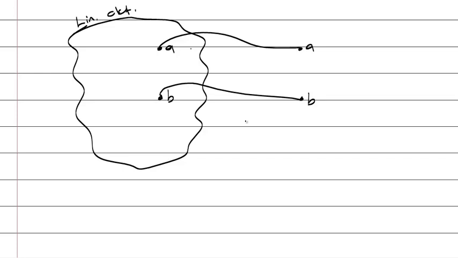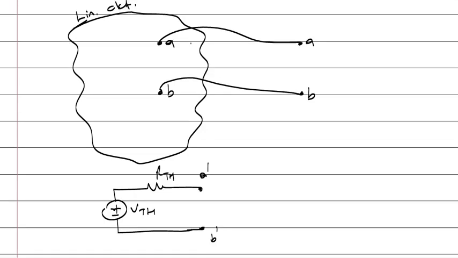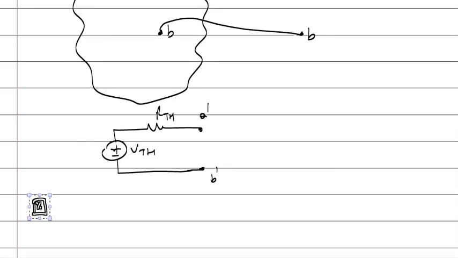This is point A, this is point B. You will find a Thevenin voltage and define a Thevenin resistance, A prime, B prime. Instead of analyzing the huge circuit completely, first you calculate the Thevenin equivalent of that circuit, and then put X here.